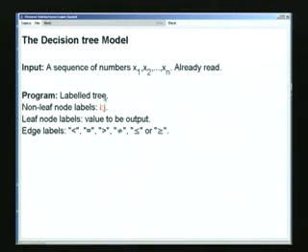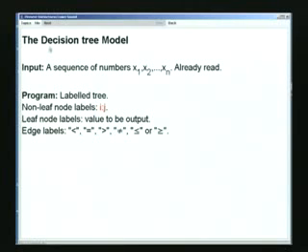A program in this model is a labeled tree, and all non-leaf nodes are labeled i:j, where i and j are integers, and these integers have to be fixed as a part of the program. Each leaf node has a label which just says what is the value to be output. Edge labels are relational operators: less than, equal to, greater than, not equal to, less than or equal to, greater than or equal to.